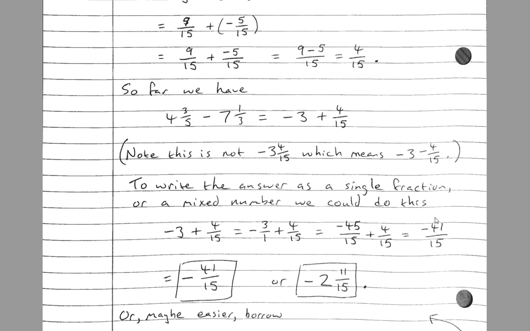So this whole thing is negative 41 over 15. So that's a good answer. You can also convert this to a mixed number. 15 goes into 41 two times. That's 30, so remainder 11. So as a mixed number, it's negative 2 and 11/15.